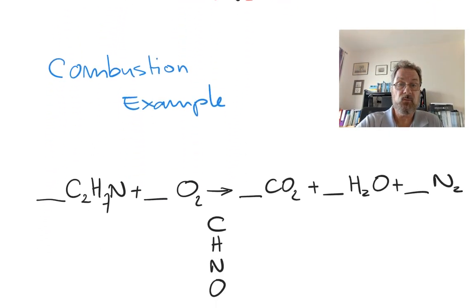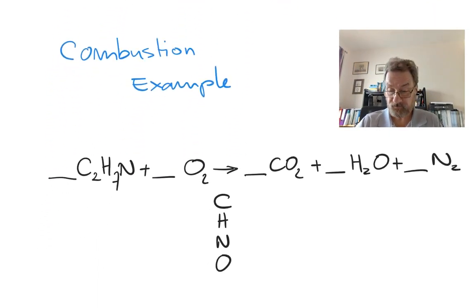Moving on to the second one, a combustion example. So for this one, if I write things down again, we have 2 carbons, we have 7 hydrogens, we have 1 nitrogen, and we have 2 oxygens.